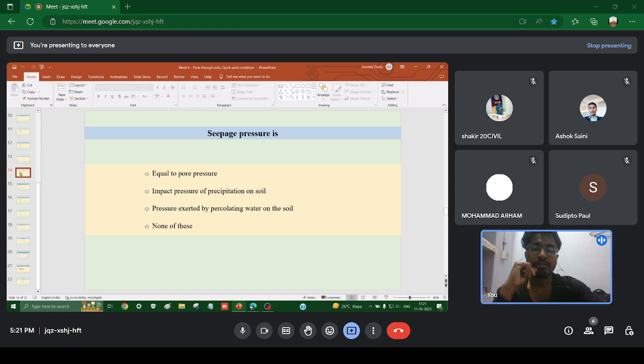The options again are equal to pore pressure, impact pressure of precipitation on soil, pressure exerted by percolating water on the soil, or none of these.